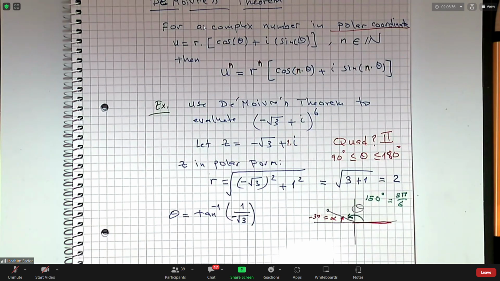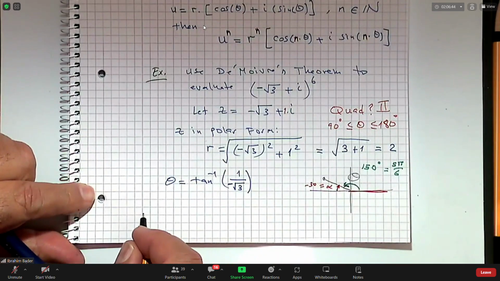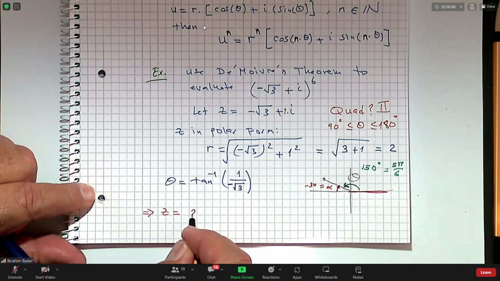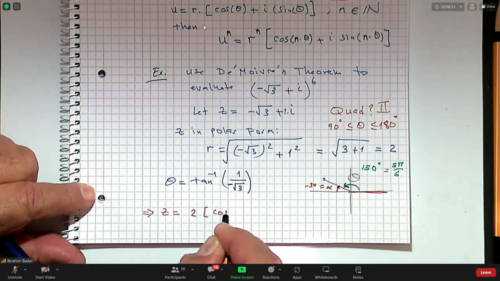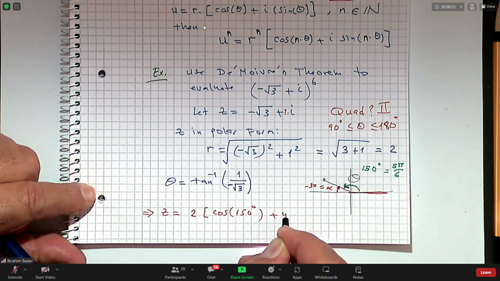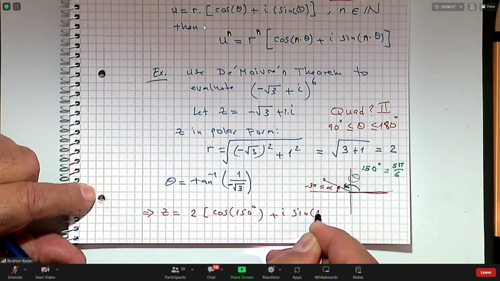Okay, this is an important step here. If you manage to write this number as z equals r, which is 2, times cosine of 150, let's take it in degrees, plus i sine 150.